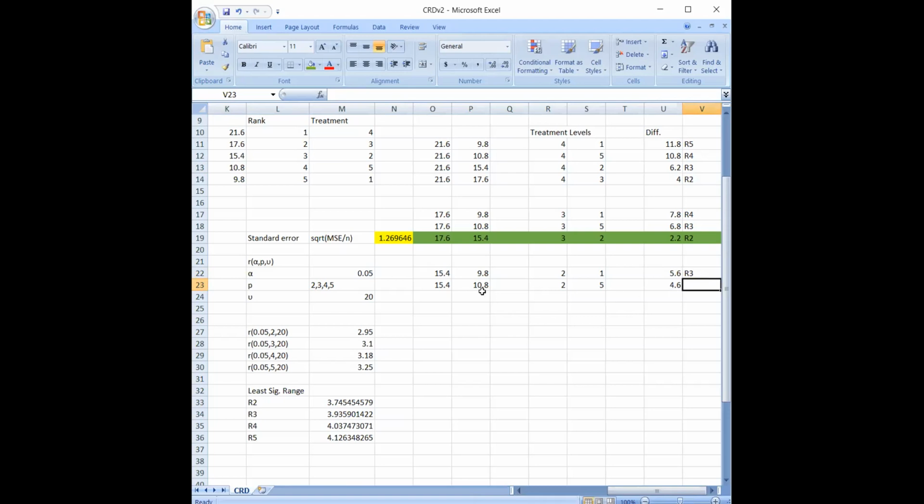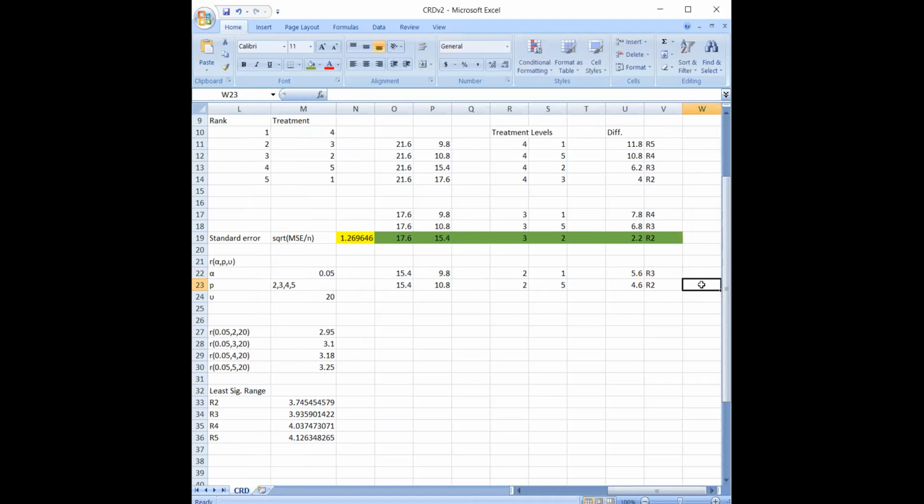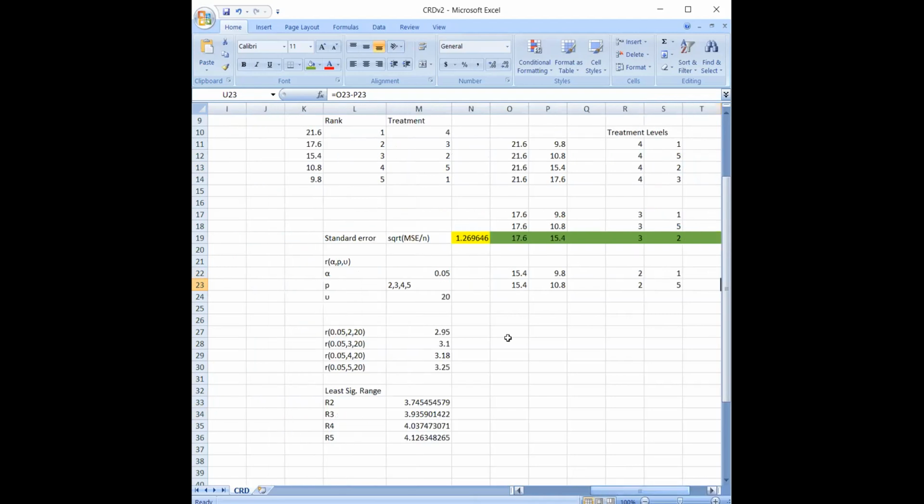And when you take 15.4 and 10.8, there are no gaps, that is gap is 0, so p is equal to 2, and you compare this with R2. Now let's compare. R3 value is equal to 3.9, and the difference is greater than that. R2 is 3.7, and the difference is greater than that, no problem. So here the differences are not significant.